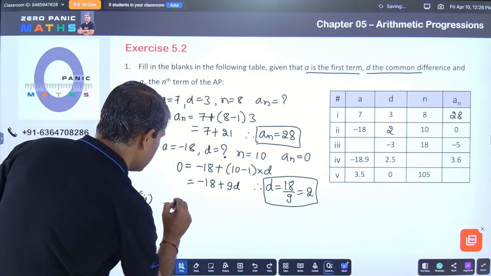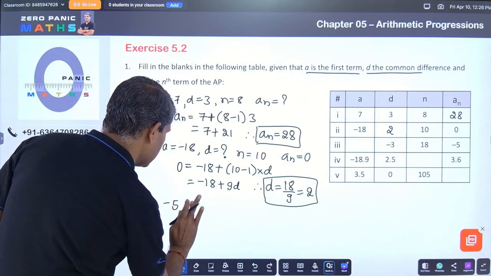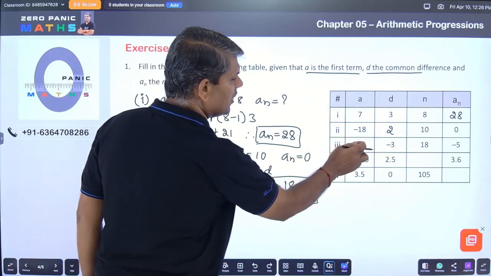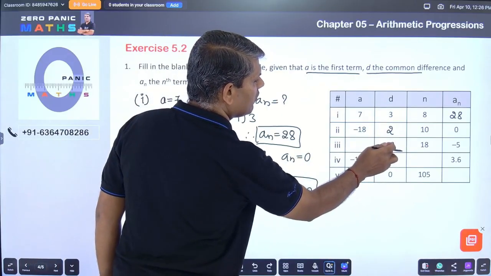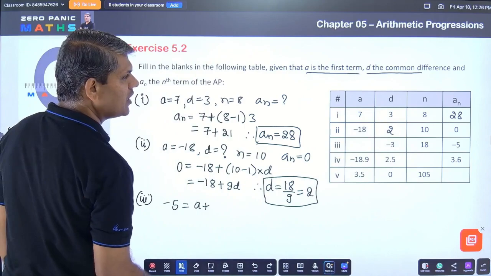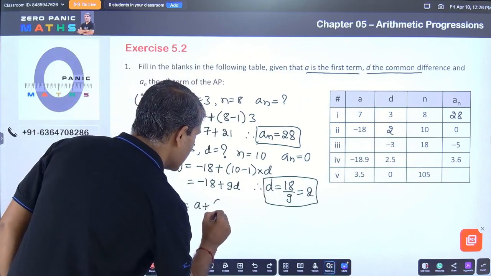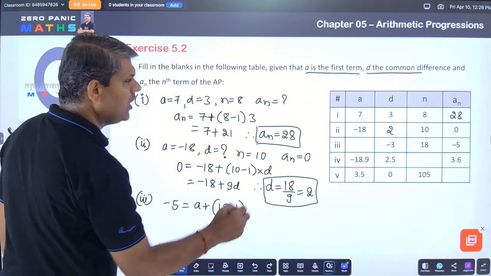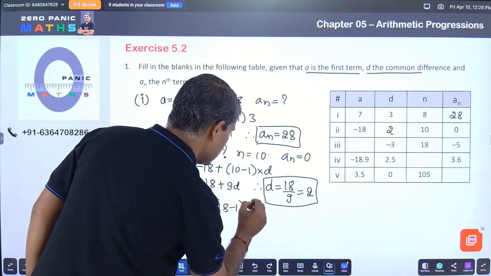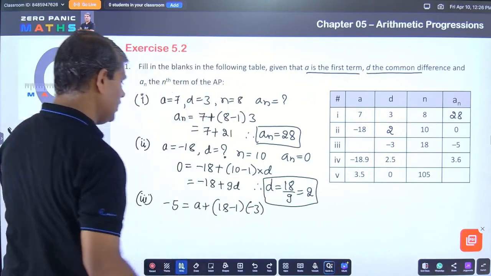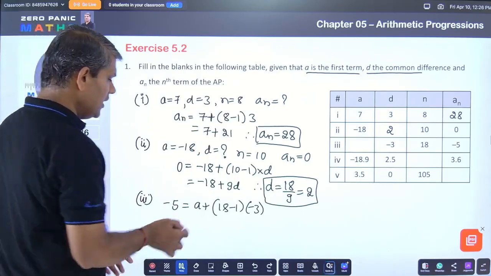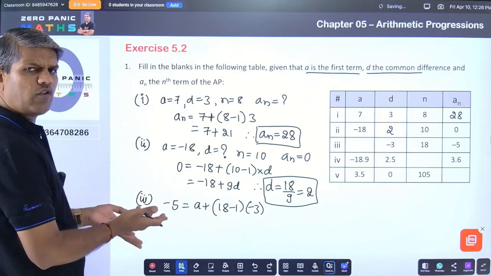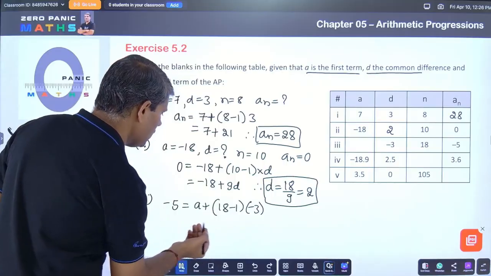So a_n, that is minus 5, is equal to a plus, because we don't know the a in the third problem, but we know d as minus 3, and n as 18. So that is (18 minus 1) into d, where d is minus 3, and we need to find out the a value. Except for the missing value, we need to substitute all the values and find the missing value. That's all the problem is.